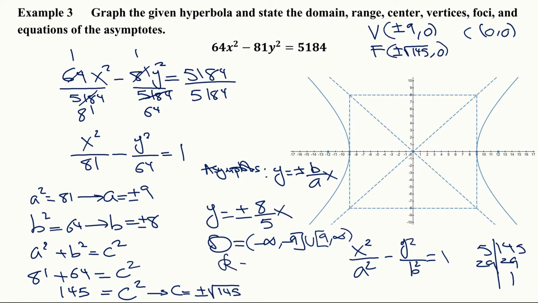The range, the set of y values needed to graph this particular equation will be all positive and negative real numbers, right? So in other words, all real numbers. And that's it, okay? That's how you would graph that. Let's go ahead and proceed.